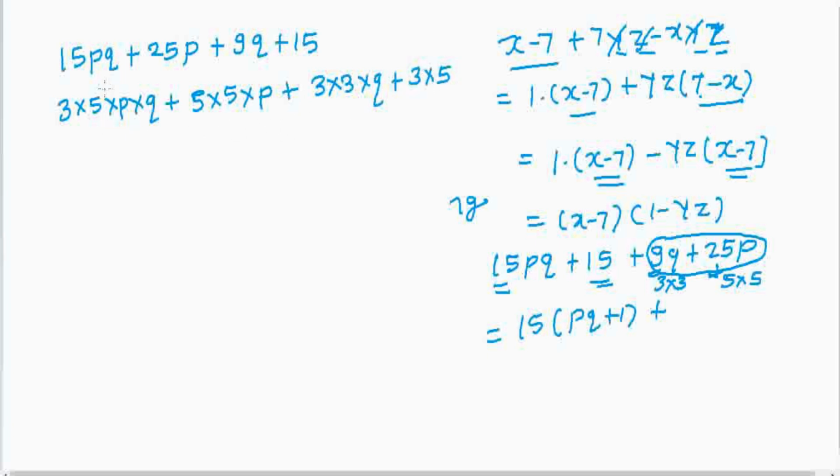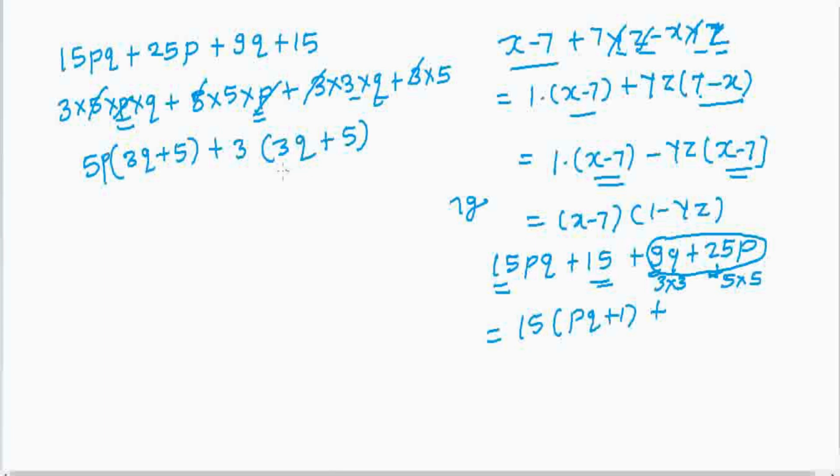Now 5 is common, and p is common, so we have 5p, and remaining 3q plus 5, plus here you can see 3 is common, so if we take 3 common, we have 3q remaining, plus 5. Look at this, again we have 3q plus 5, 3q plus 5, so we write it as 3q plus 5 and 5p plus 3.